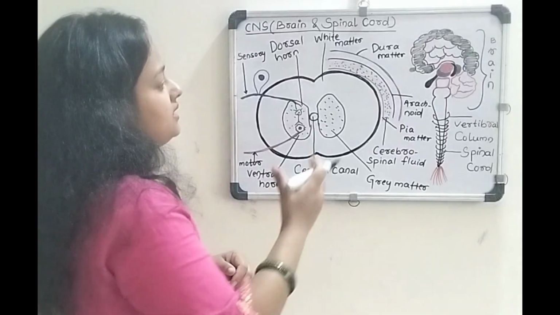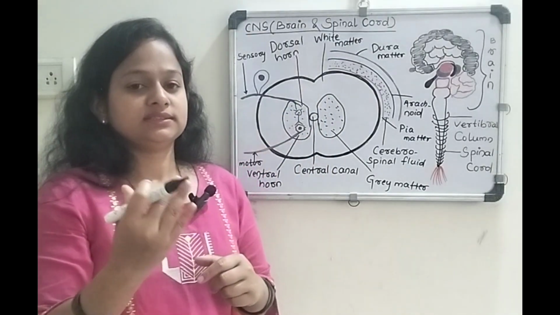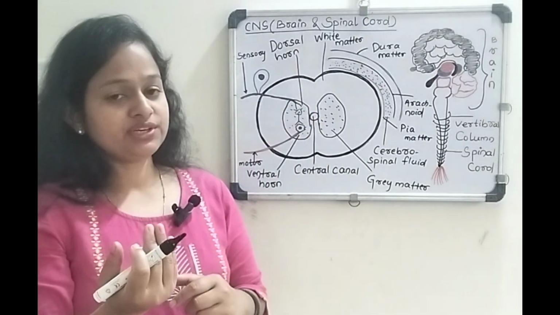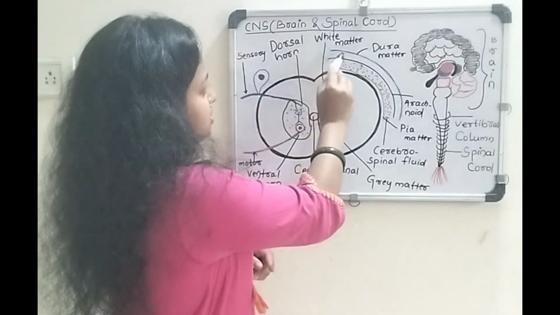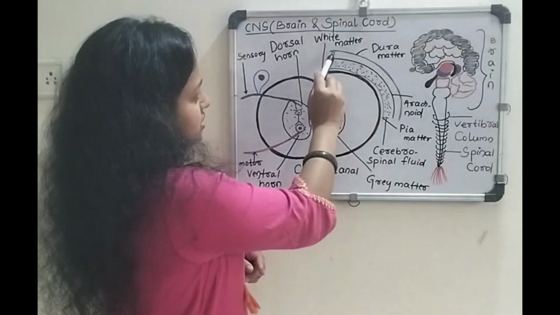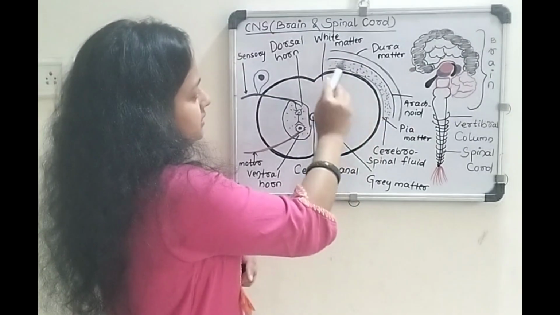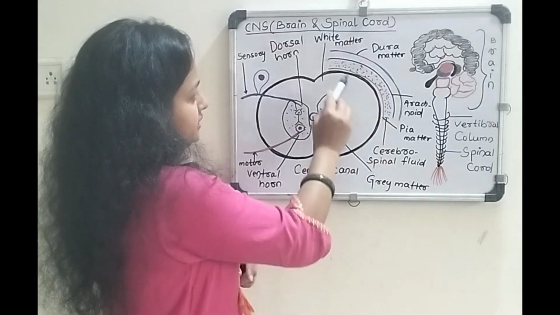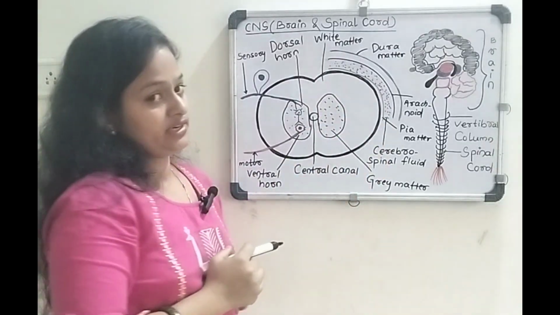And like the brain, the spinal cord is also surrounded by meninges. These are the three layers of meninges: the outermost is the dura mater, the middle one is the arachnoid, and the inner one is the pia mater.